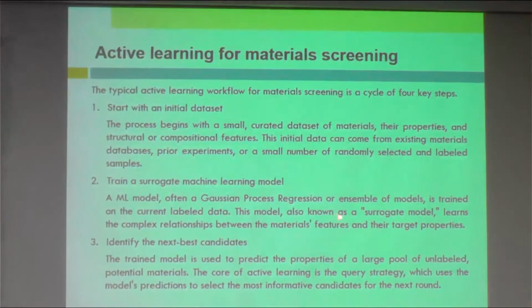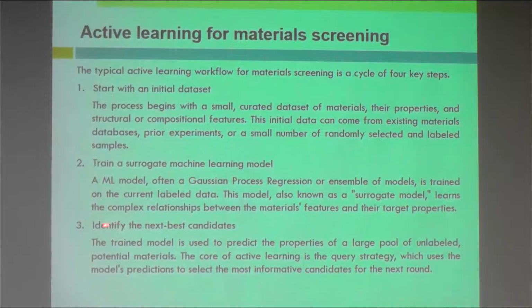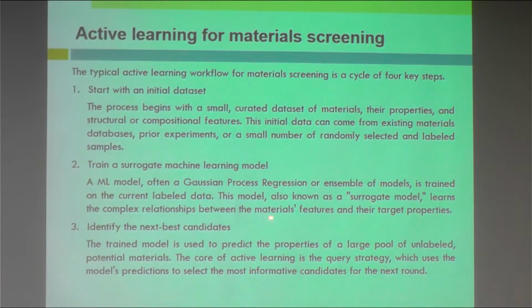This model, also known as a surrogate model, learns the complex relationship between the material features and their target properties. So basically, if you have the properties of the material with the material information, the model can relate them to the intended properties of the material.